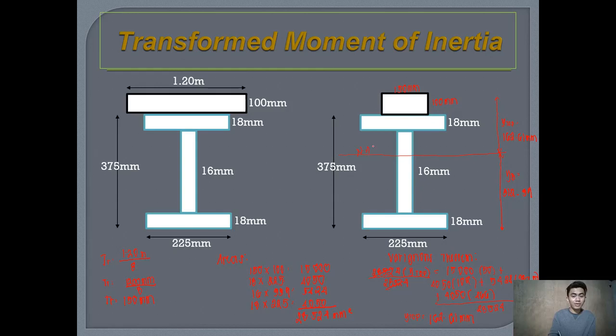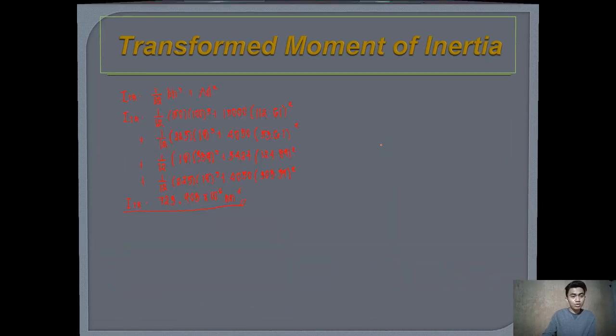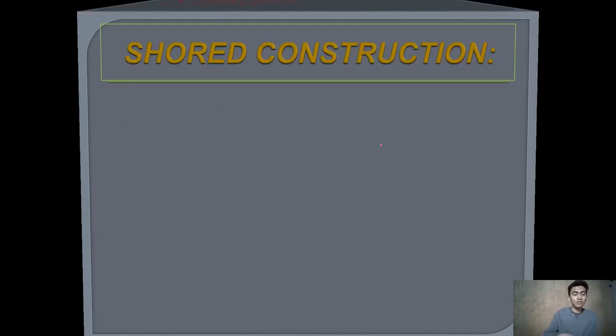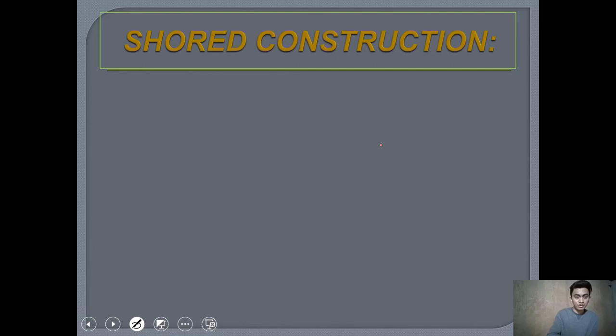So from there, we were able to determine its neutral axis, and then from there, we were able to obtain now its transformed moment of inertia. We will be utilizing this one now in determining again the stresses at the topmost part of our diagram and then at the bottom part now of our composite beam. So say for example, let us start off with shored construction.